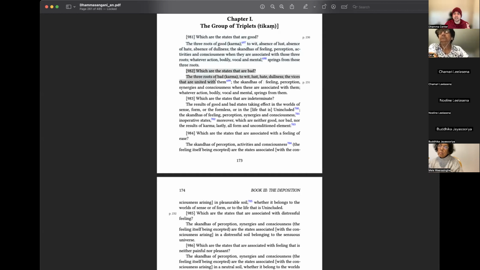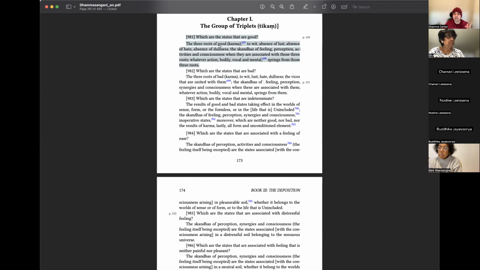Now, what we do with this is, in the Nikkepa Kanda, the three roots of good karma, alobha, adosa, amoha, devoid of anything unwholesome.